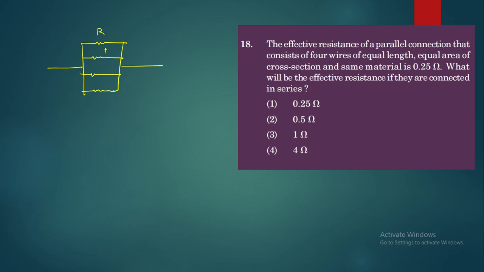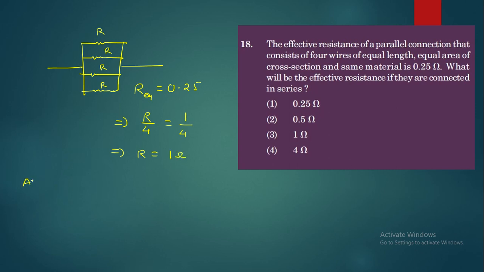Let's say the resistance of each wire is R. When these wires are connected in parallel, the effective resistance comes out to be 0.25. Since all of them have equal values, the effective resistance will be R by 4, and 0.25 is nothing but 1 by 4. So the resistance of each wire will be 1 ohm.